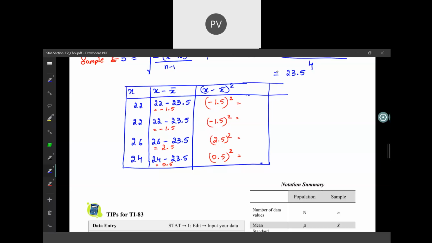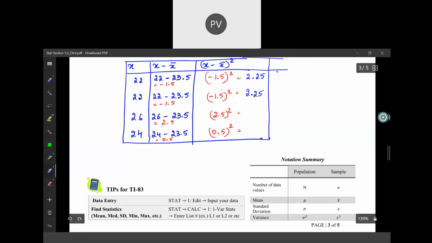What will be the value? No, do not round off. Okay, it has to be the exact value. Do not round off. 2.25, and it is same.